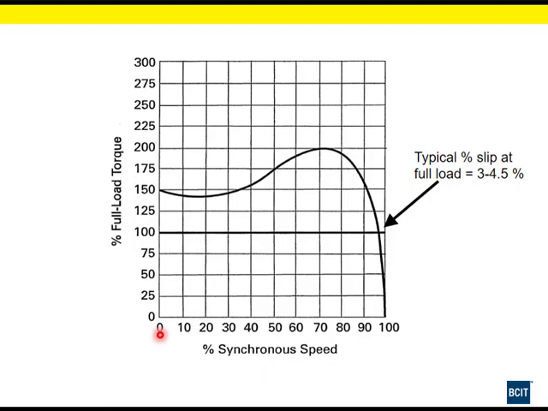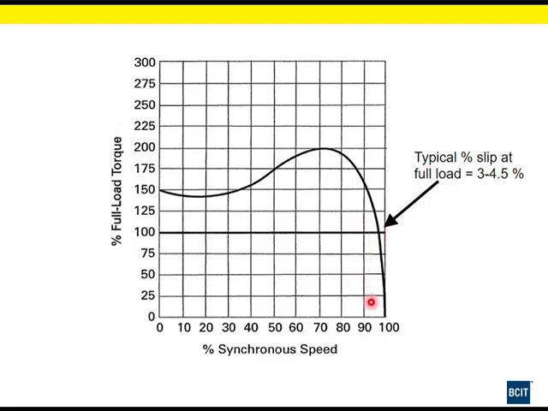So over at this end, this is at 0 RPM of the rotor. And then as we increase the speed up to full speed of the rotor, we see the 100%. When we look on the left here, it says full load torque. So this is basically 100% full load torque. So when we've fully loaded our motor, that's going to be at this point.